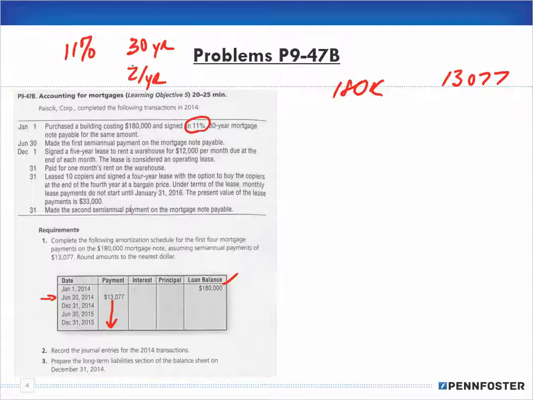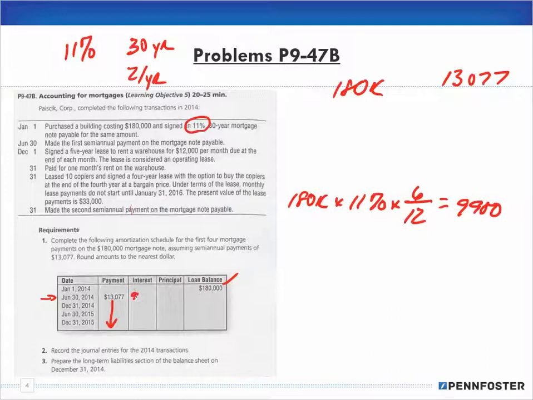Well, to calculate our interest, we're going to take the previous loan balance of $180,000 and multiply it by 11%, and then multiply that by 6 months over 12. So 180,000 times 11% times 6 divided by 12 gives us an interest payment of $9,900. Okay, and we're rounding to the nearest dollar.